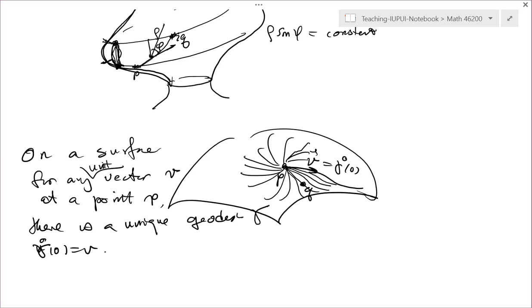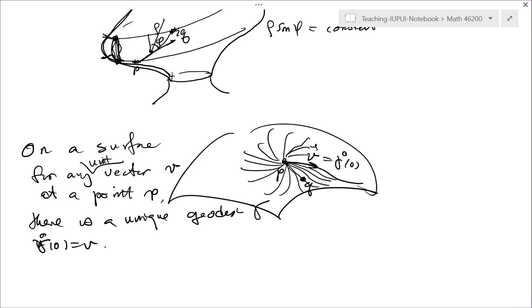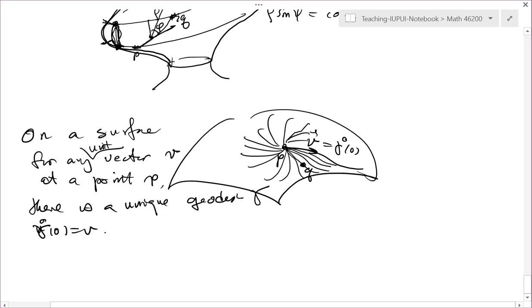So if you pick a point close to P, then you should find a geodesic coming from P and passing through the point Q, right?